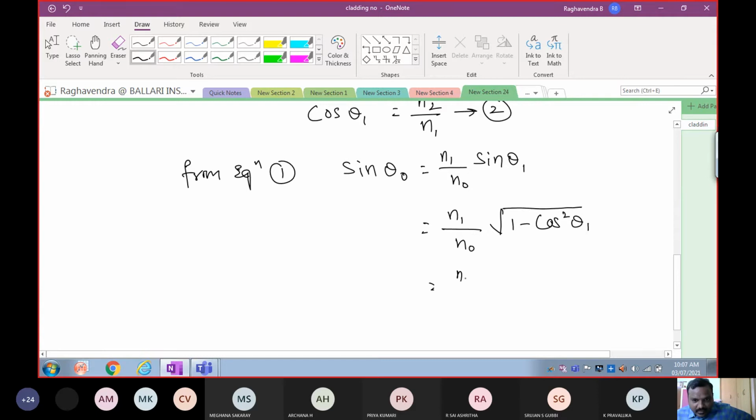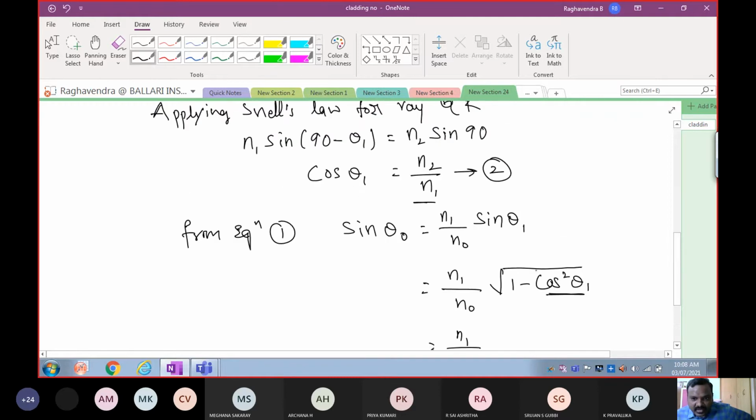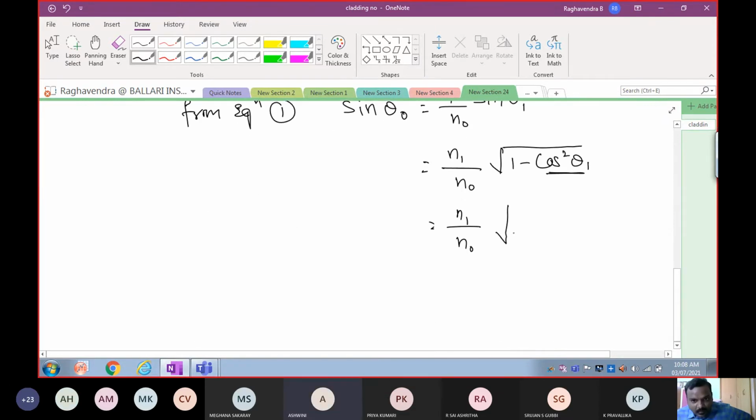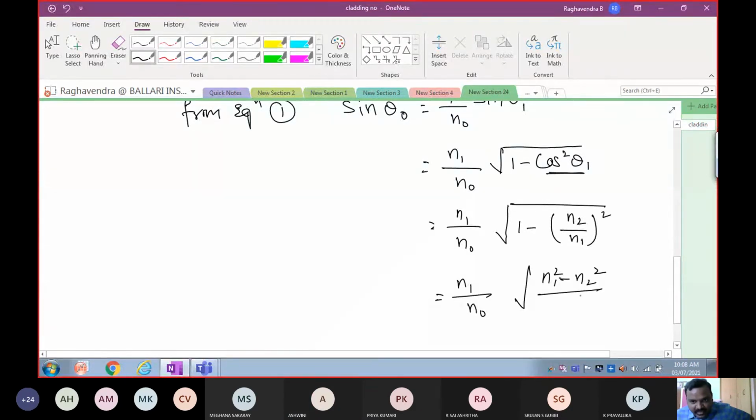Therefore, n1 divided by n0, and in the place of cos square theta 1, I will substitute equation number 2. So this is 1 minus (n2 divided by n1) whole square. This can be written as n1 divided by n0 into the square root of n1 square minus n2 square divided by n1 square.